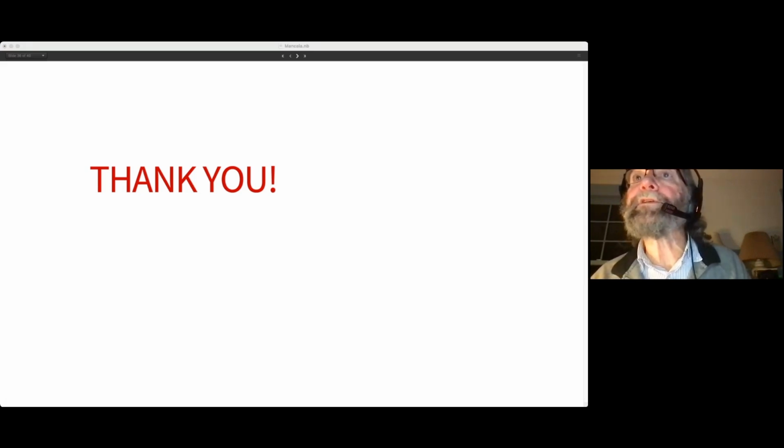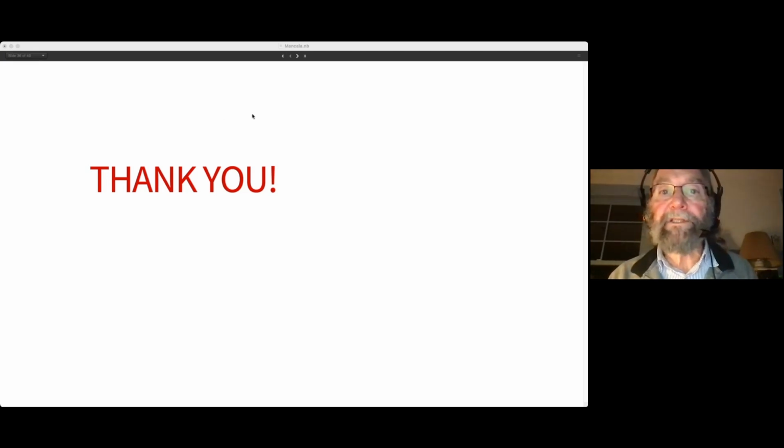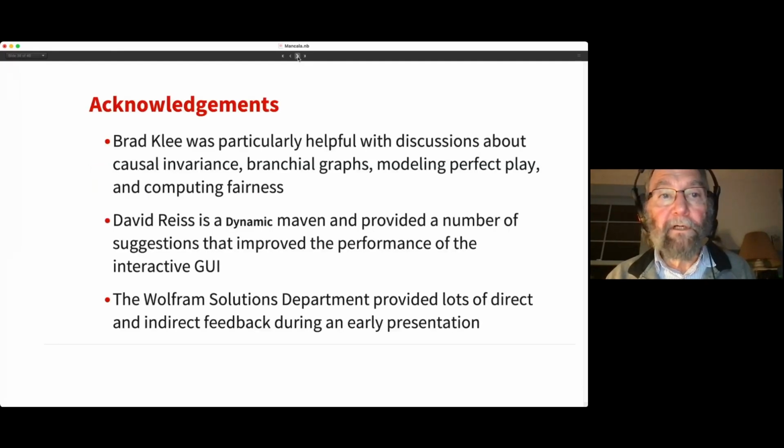Any good resources for multi-way graphs? Yes, actually, if we go to the back matter here, just a quick acknowledgments. Brad Klee was very helpful in discussions about multi-way analysis, causal invariance, branchial graphs, modeling perfect play, and computing fairness.